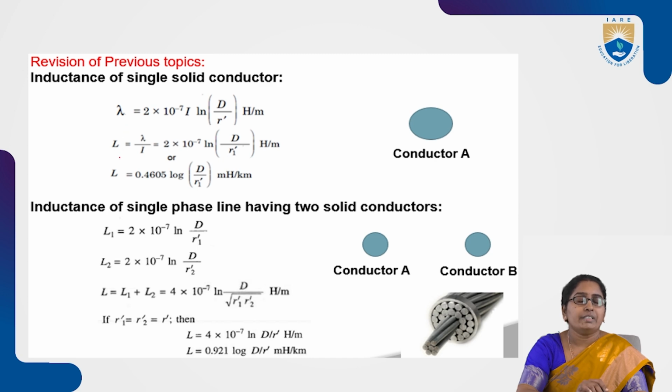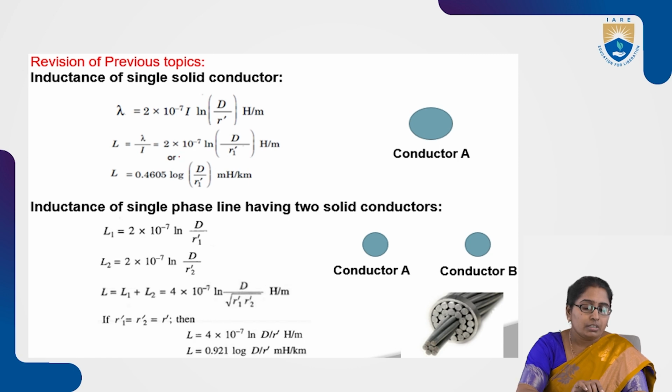From that, the inductance L is given, from the definition of inductance, as flux linkages to the current, psi by I, which is 2 into 10 power minus 7 log base e capital D by R dash. The units are henries.